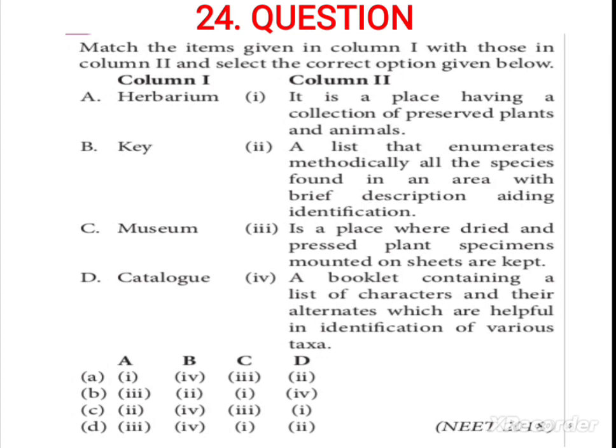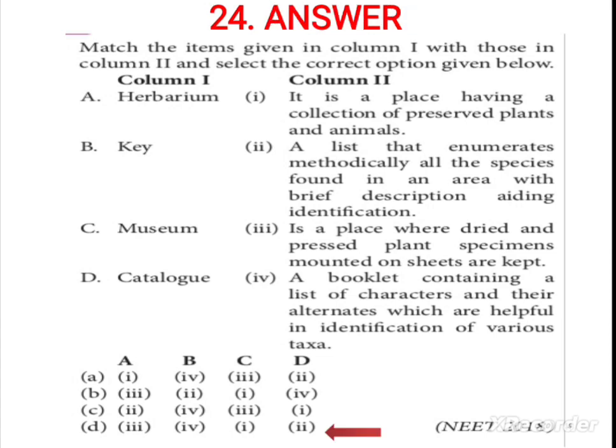When you observe here, for each word, the description has been given. What is herbarium? What is key? What is museum? What is a catalogue? They have given the description. So for column 1, we have to find the correct description and match it. Accordingly, you have to find the correct answer.